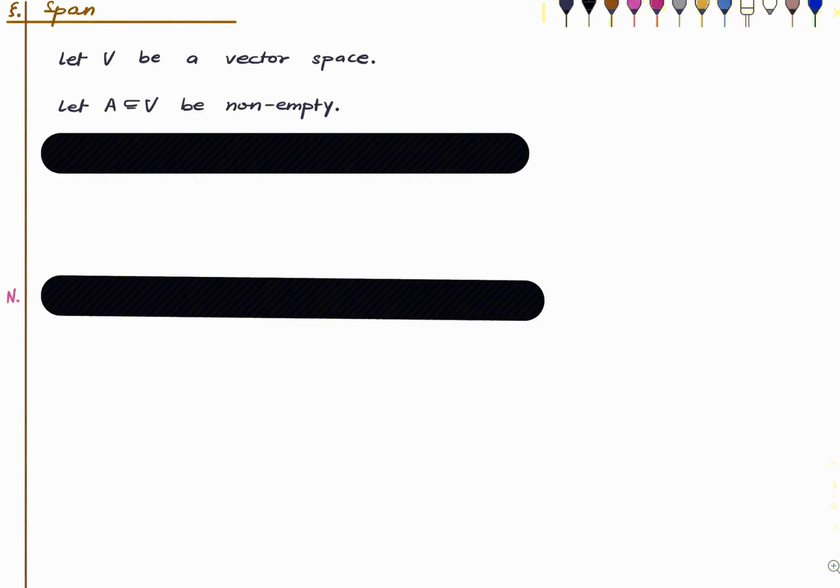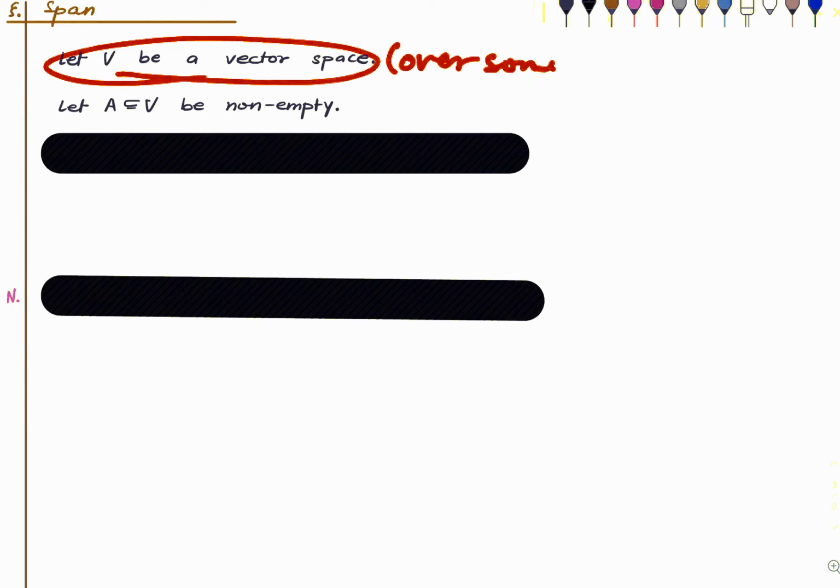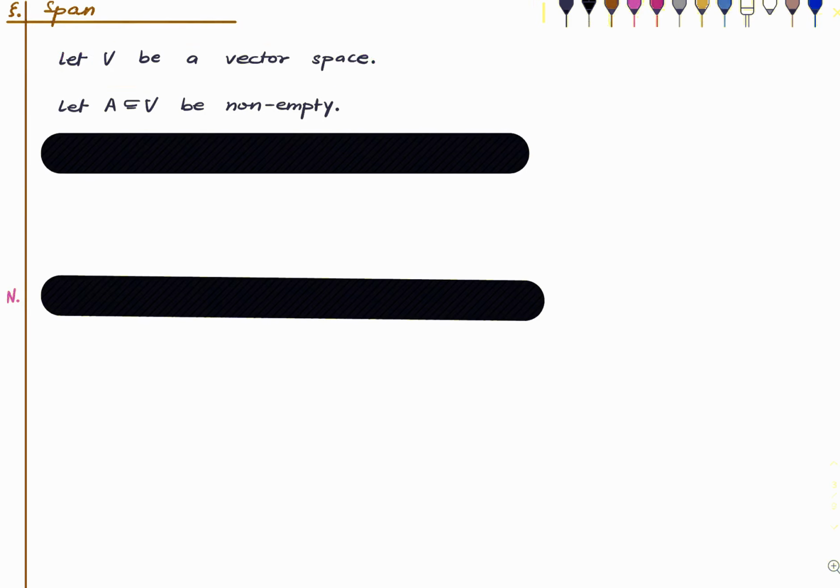So fix a vector space over some base field, that is not important, over some field F. And suppose we have a non-empty subset A of the vector space.